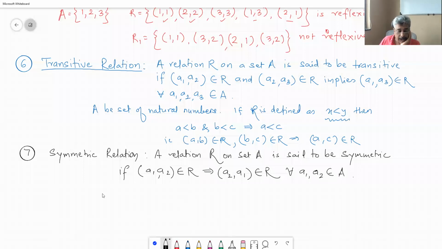Consider an example. Consider the set of natural numbers.